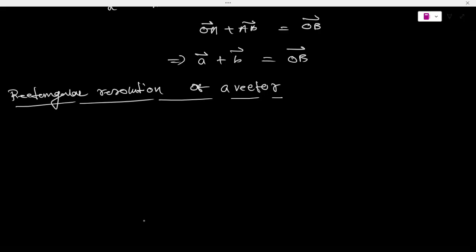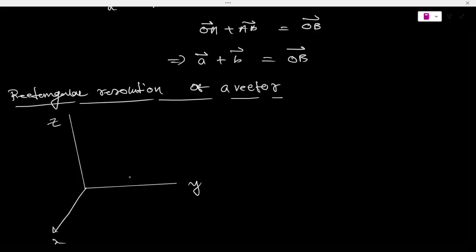So in the rectangular resolution of a vector, let's say this is x-axis, this is y-axis, and this is z-axis.